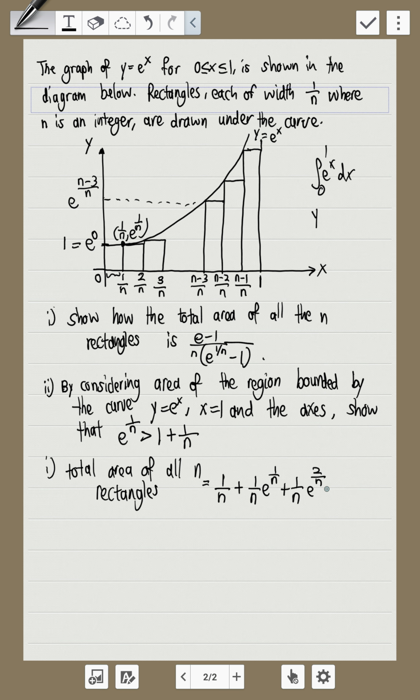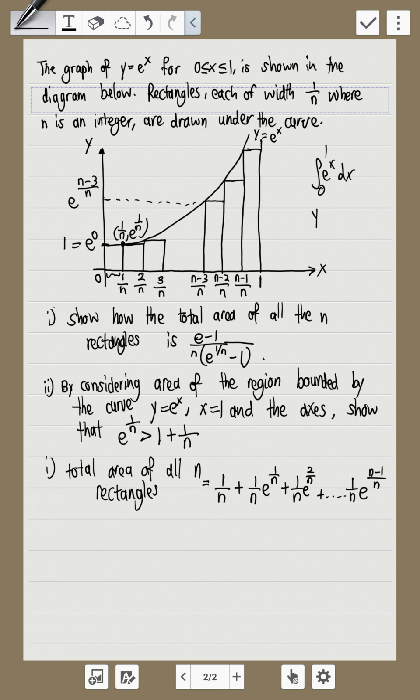It is plus 1 over n times e^((n-1)/n), and not e^1, because the height of the last rectangle should be this, right? There are many rectangles in between, so I would just write e^(2/n) plus ... plus 1 over n e^((n-1)/n).